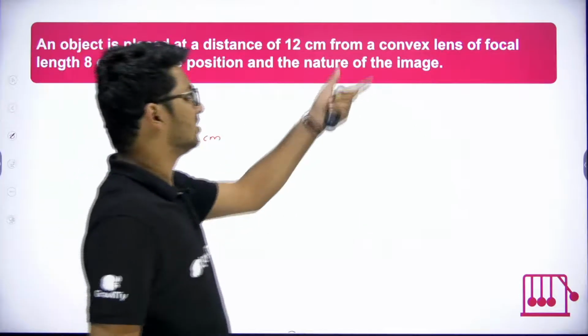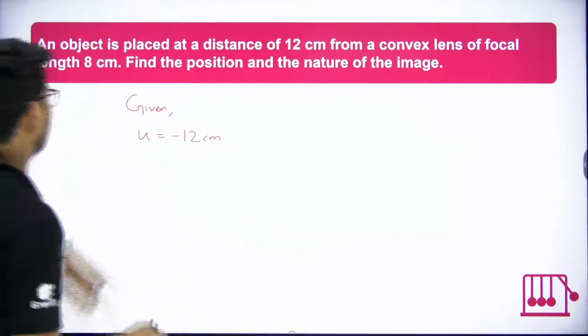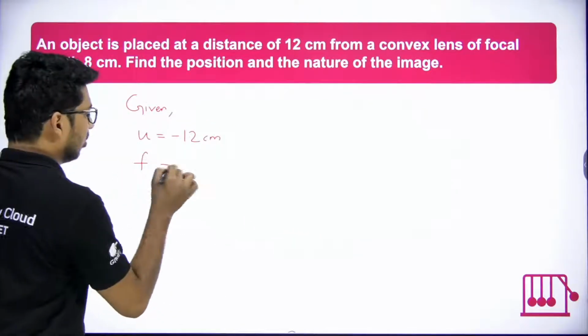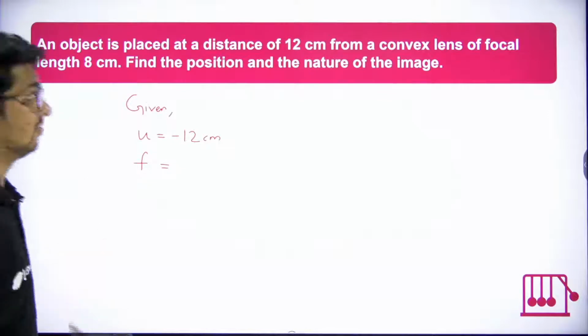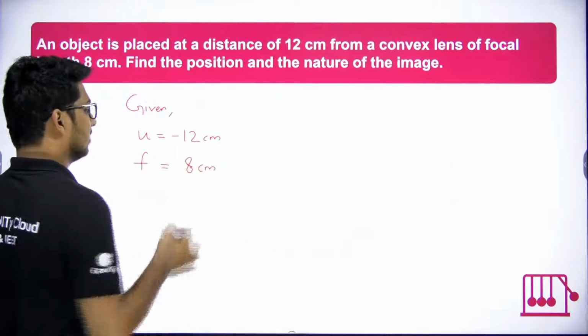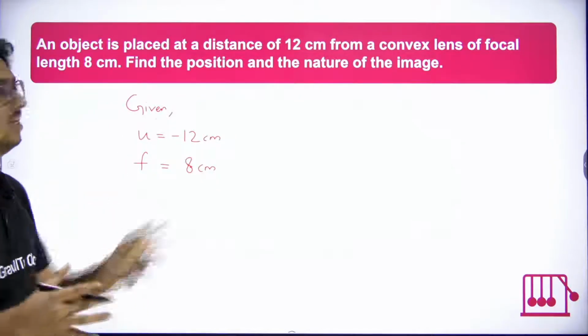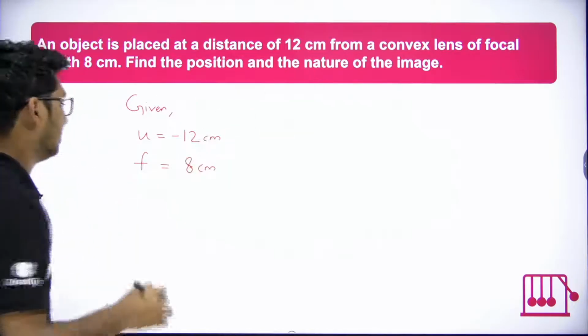Now it is placed at 12 centimeter from a convex lens of focal length 8 centimeter. Now for a convex lens focal length is positive, so you take it as plus 8 centimeter. So you have u, you have f, we can find v, which is nothing but the position of image.